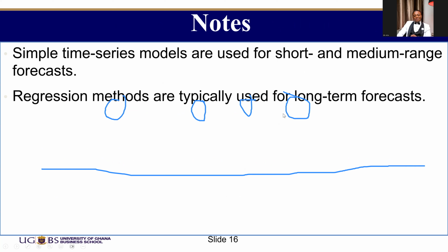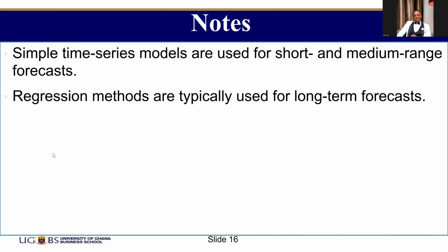So that's it. What is the main takeaway point here? The first one is that simple time series models are used for short and medium-term forecasts. Simple time series, like just modeling consumption and time. But regression is good when you are dealing with long-term forecasting.